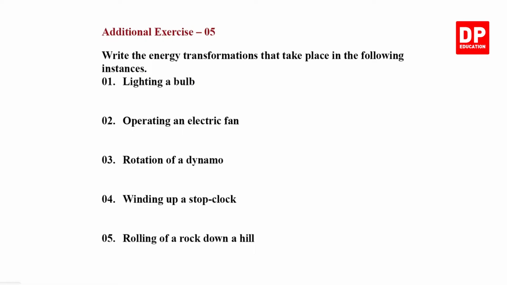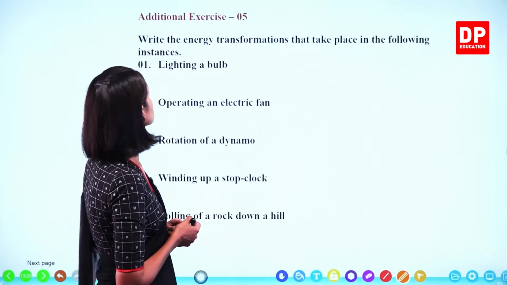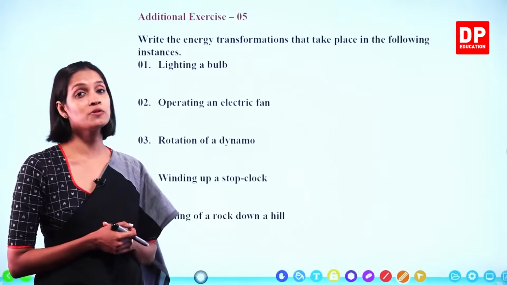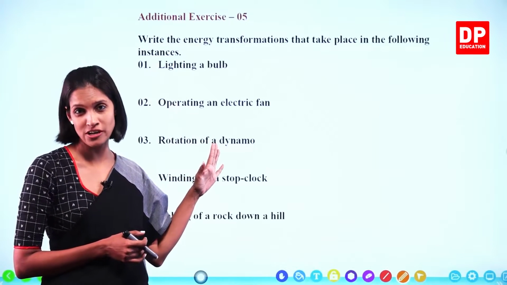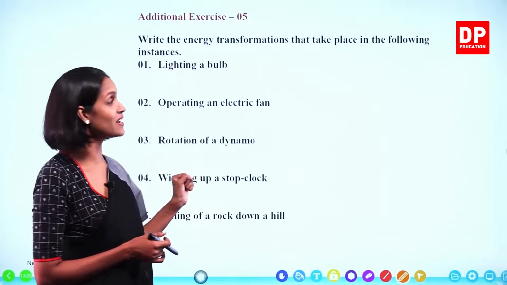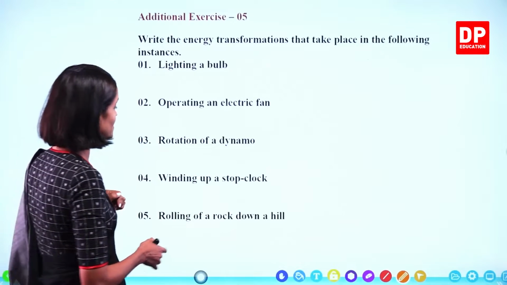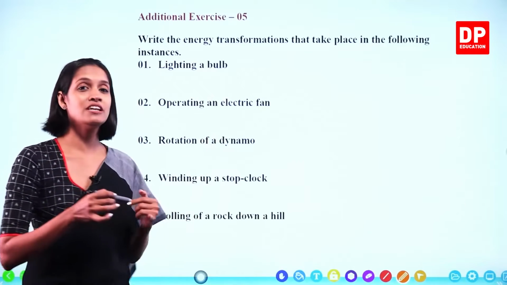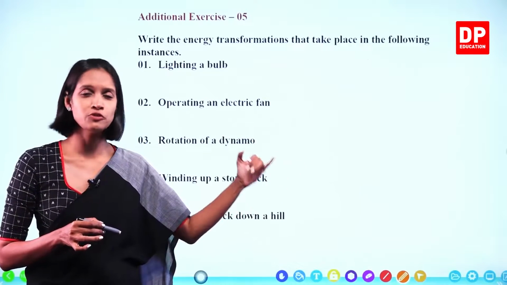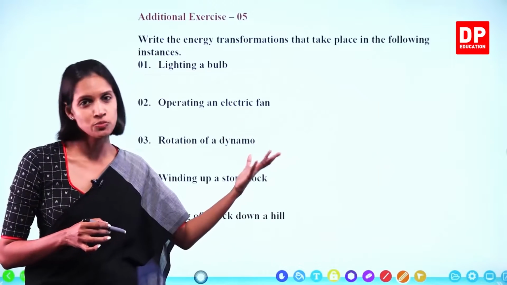Right. Exercise number 5. Write the energy transformations that take place in the following instances. I hope this was very easy for you all now because we did so many examples similar to this, right? So light in a bulb, let's write light in a bulb. Electrical energy is converted to light energy basically. You can even write light and heat energy both as well.